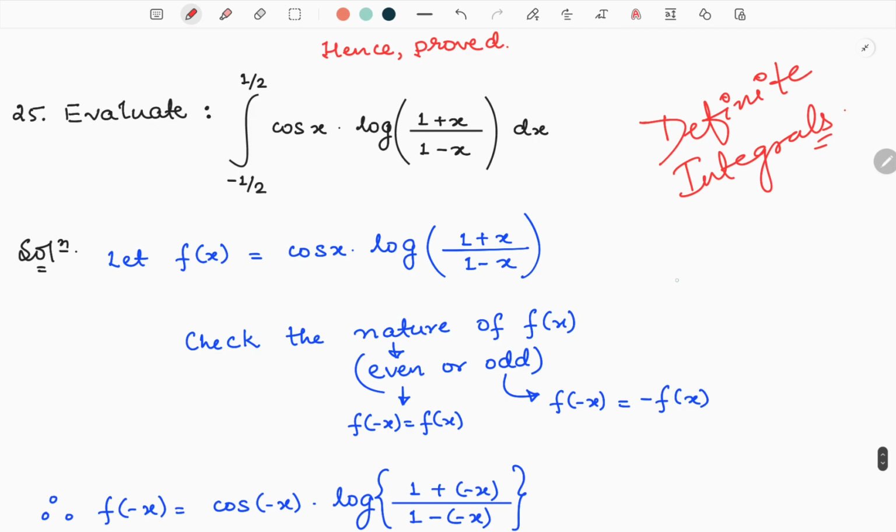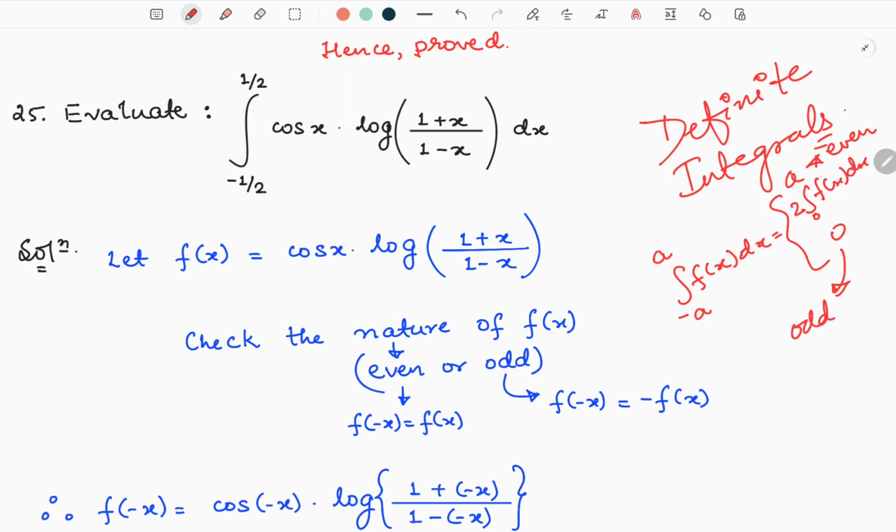If you remember, there was a property like this: if the limit is from minus a to a over integral f(x) dx, this gets reduced to two things: either 2 times the integral from 0 to a of f(x) dx, or simply 0. The 2 times will come when the function is even, and the 0 will come when the function is odd.